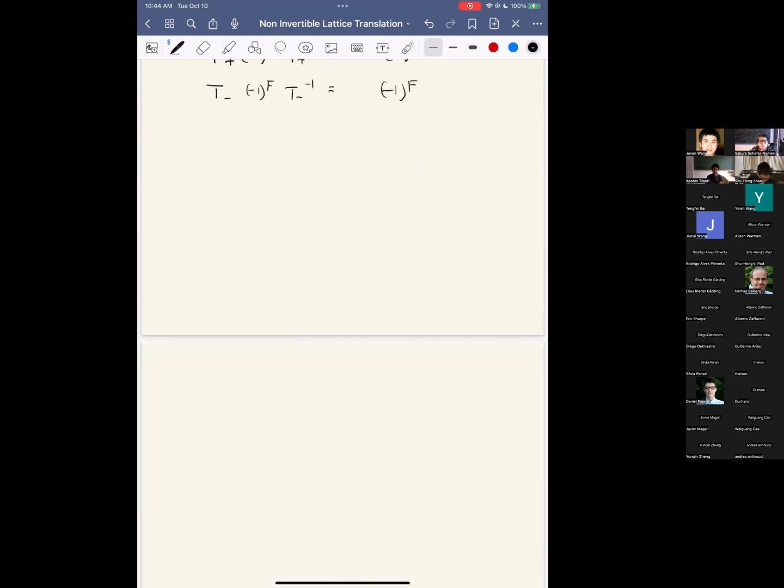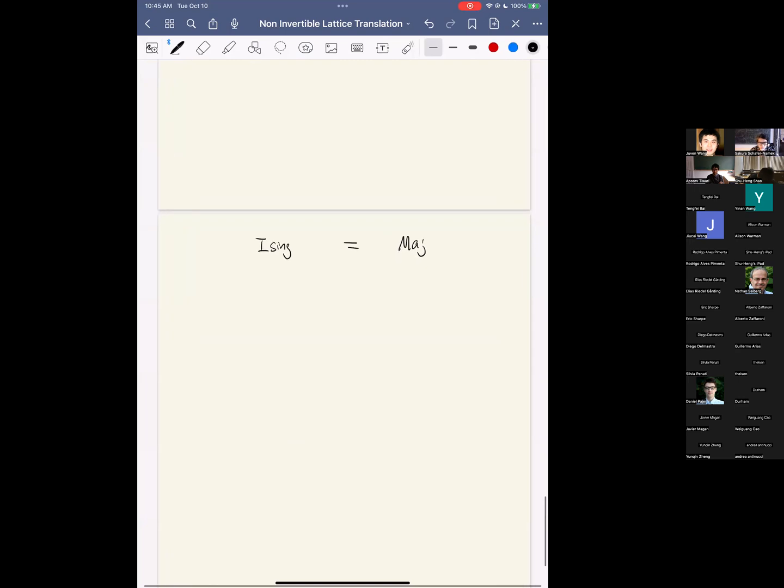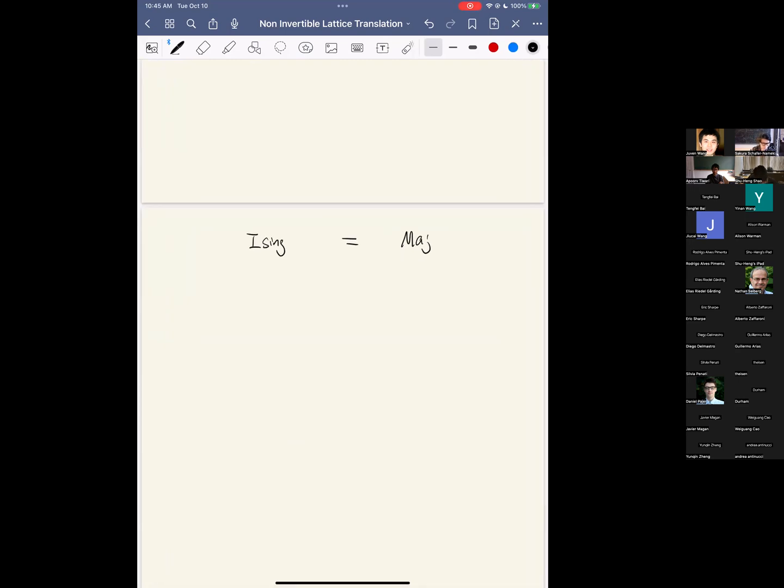So that's the detour. Now let's try to make contact with the original question of the Ising model. Now, we hear the statement very often that Ising equals Majorana. This equality is in a way locally true, but the whole point of the talk today is about the global symmetry.